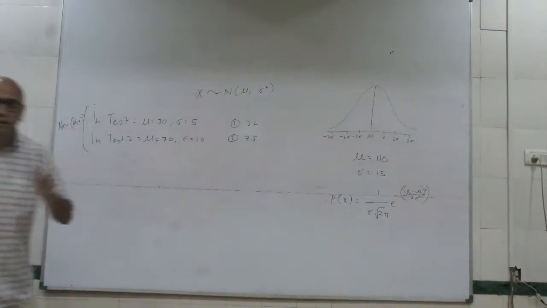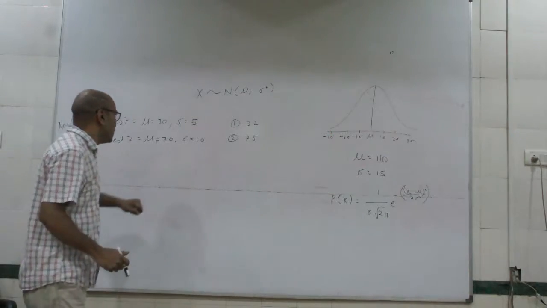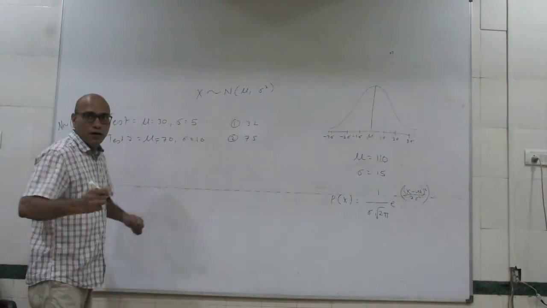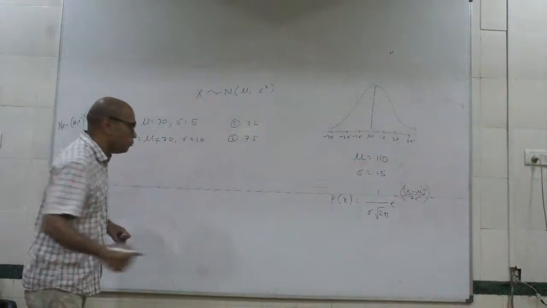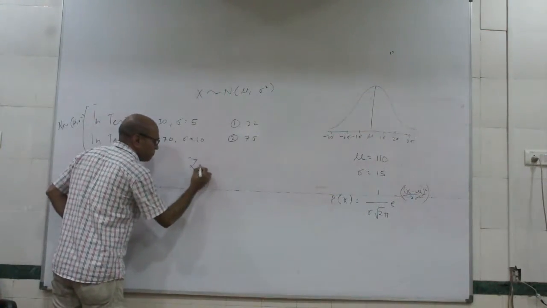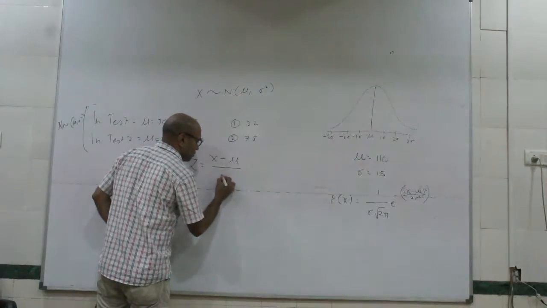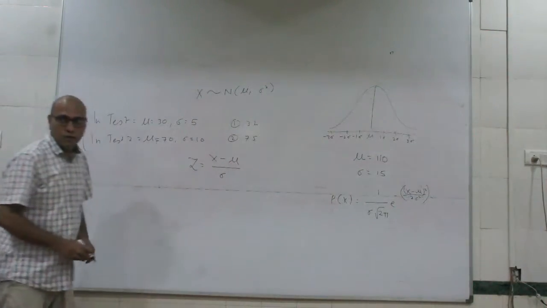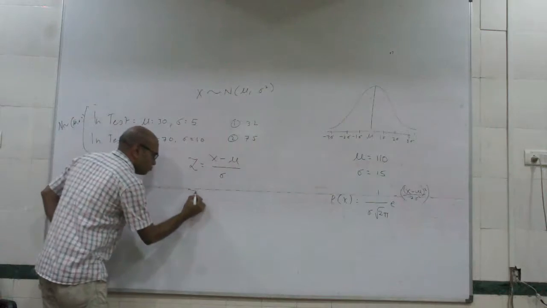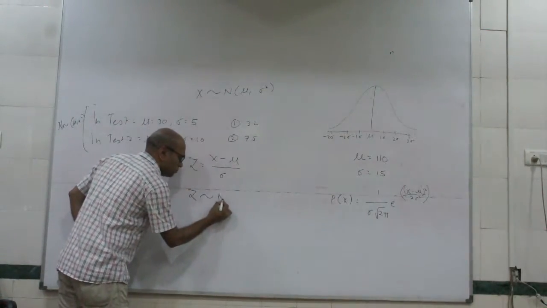So once I have this, what I can do is I can convert them to a distribution which I call Z. What is Z? X minus mu upon sigma. Now Z is also normally distributed.